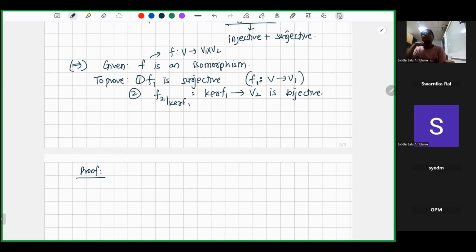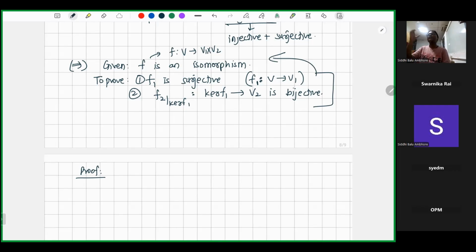Yes, if we go by definition, then we have to show that F is an isomorphism if and only if F is a linear map and F is bijective. So that we will do in the converse part. Using these two conditions, we will prove that F is an isomorphism. And to check that, we will show that it is linear and bijective.